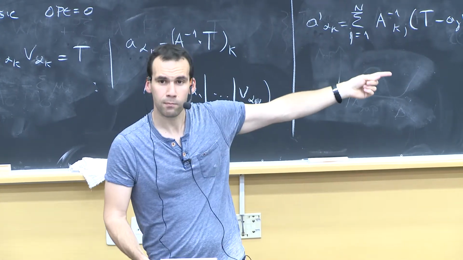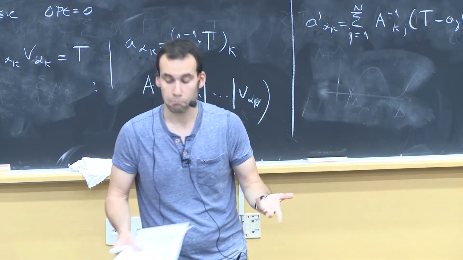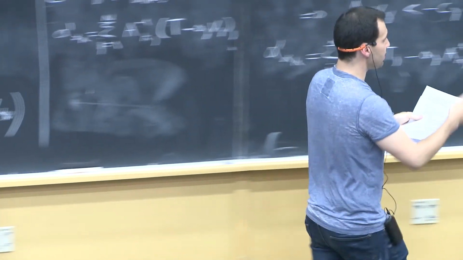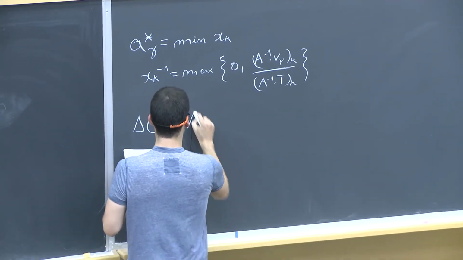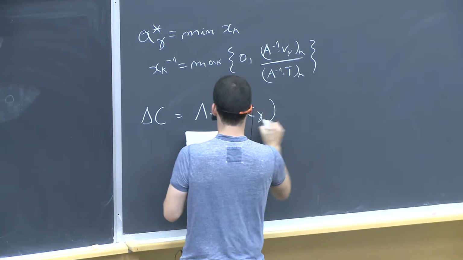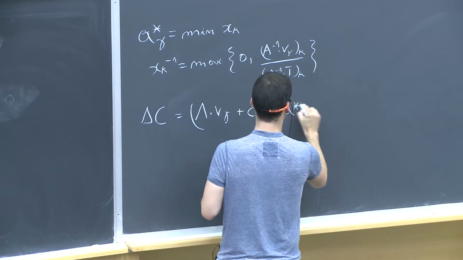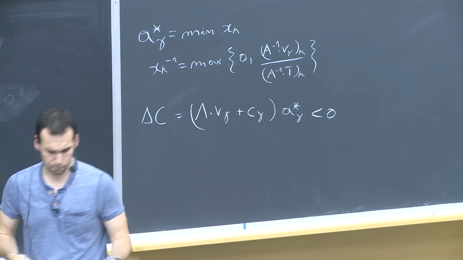You play this game, and you see how much the cost will change, and you pick the one for which the cost will change the most. So that's the strategy. Indeed, the cost variation, delta C, is lambda dot v gamma plus C gamma times this A star, and this is negative.